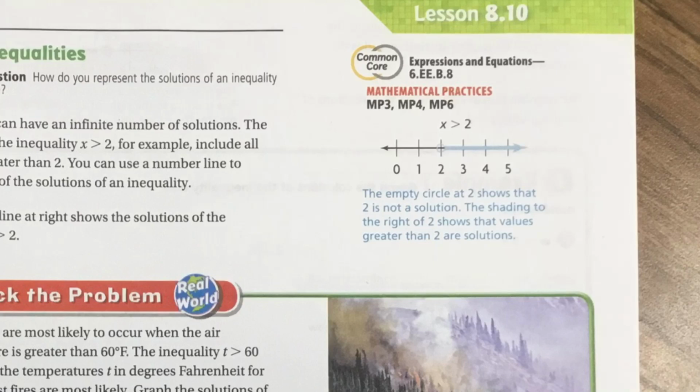I could put 1,000,000 in there and it would be correct. What other numbers could I put in there and it would be correct? Maggie? 3. Boston? 4. Harrison? 5. Tate? 15,987.3. 15,987.3 would work for x. So there's an infinite number as long as they're greater than 2, right?